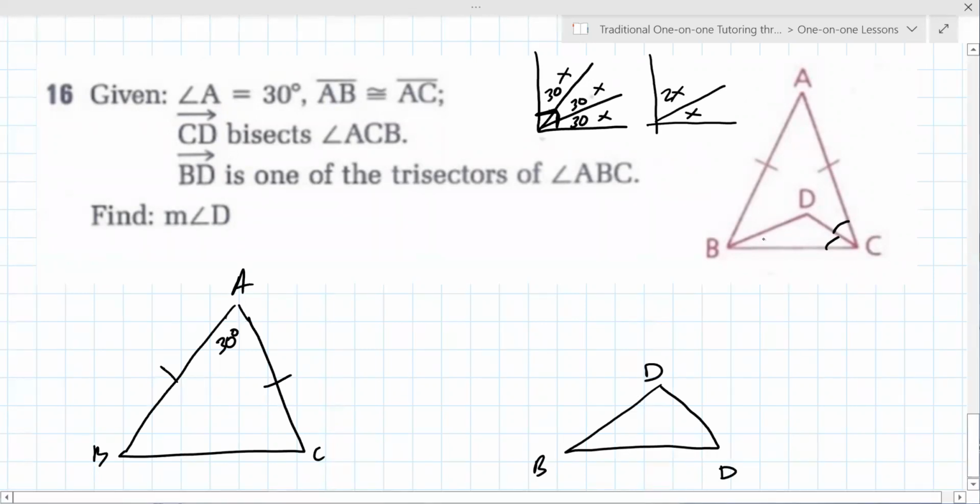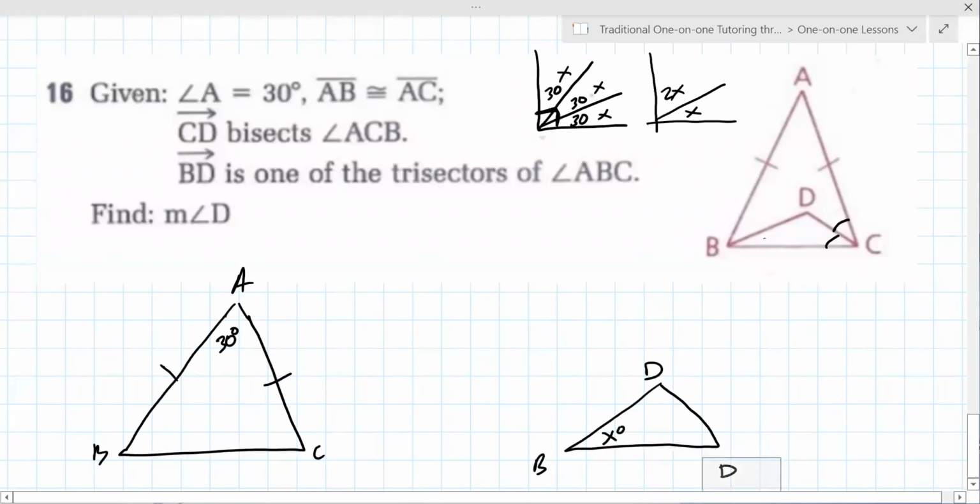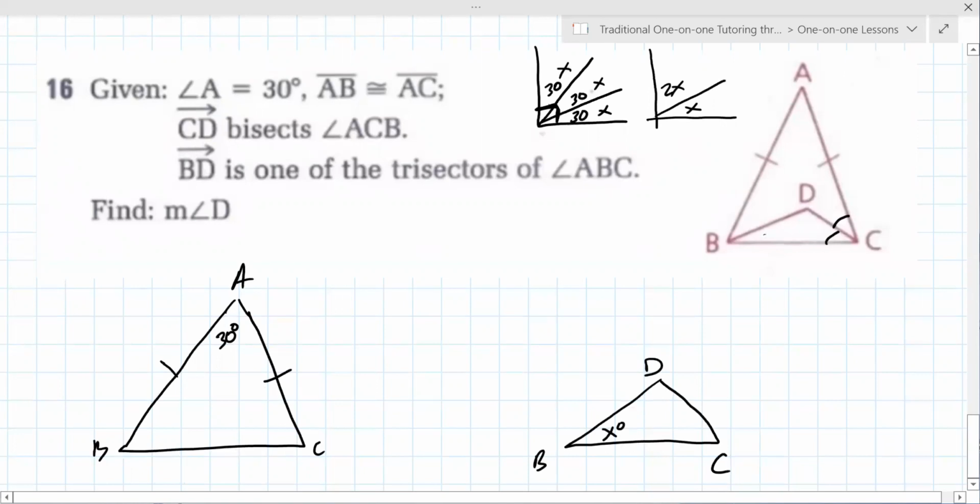So down here, we're going to call this X degrees for DBC. I'm sorry, DBC. Well, that's because I've mislabeled this. Sorry, if you ever see an error, please let me know. D to B to C. And then the angle ABC is double it. It's 2X over here. Okay.